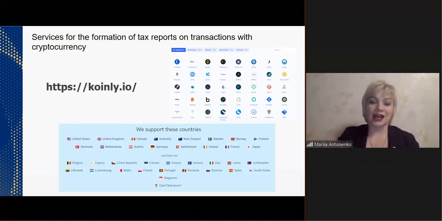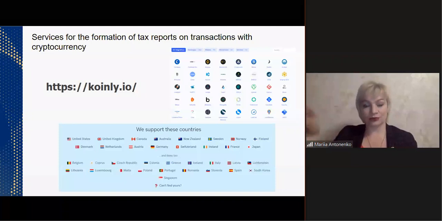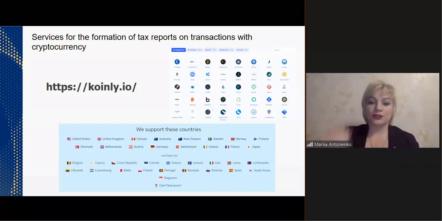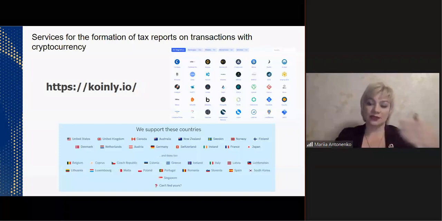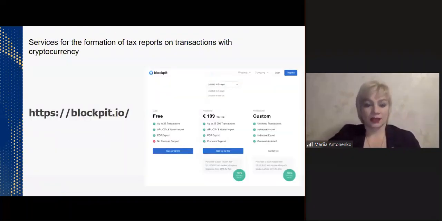The good news is that the tax declaration for 2021 should be paid next year in 2022, and therefore ahead we have one year to learn this stuff. If you never did it before, I didn't do it either, then together we will master all these services.